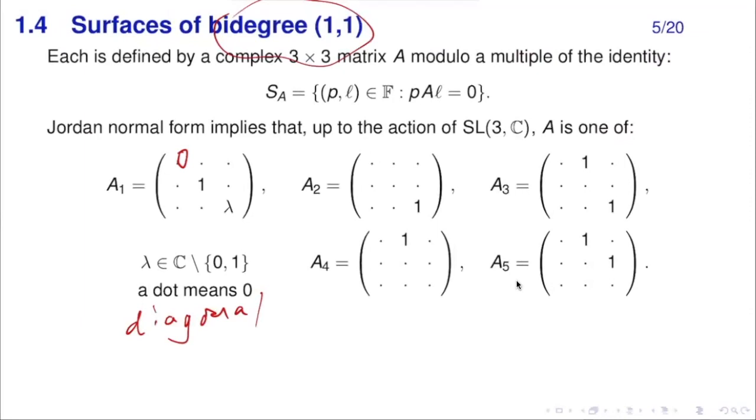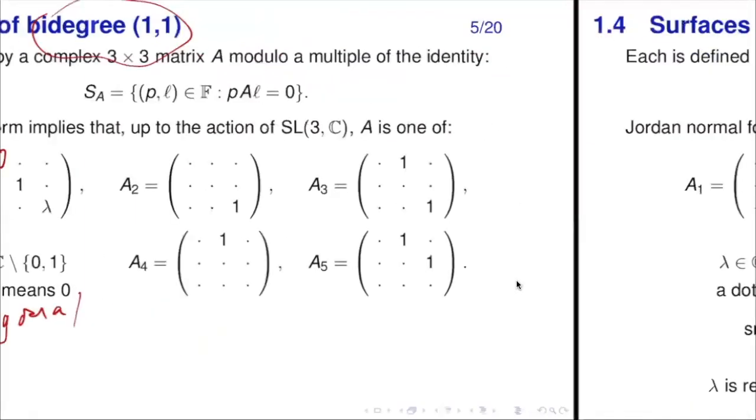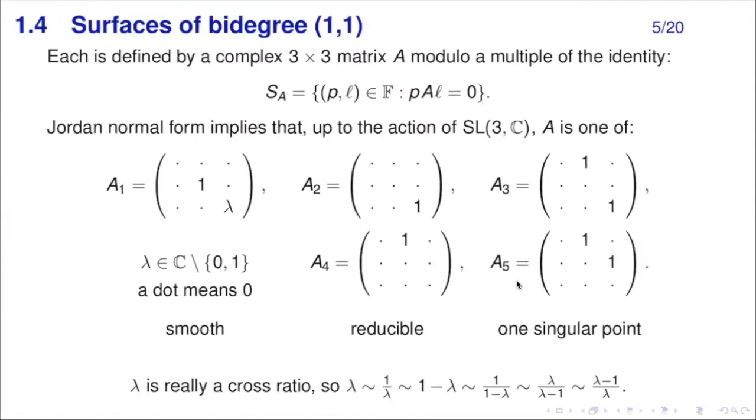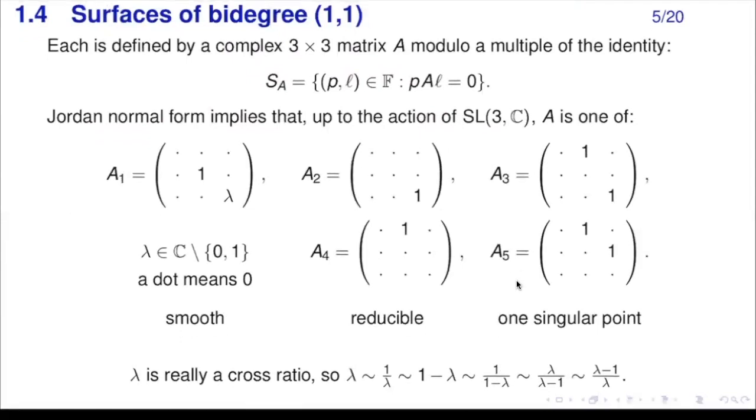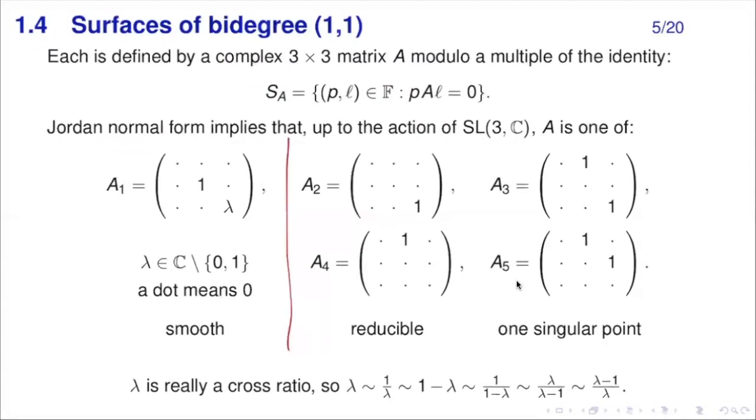And the other thing to say is that only in the first case, the diagonal case, are we talking about smooth surfaces. The second case is rather elementary, the surfaces are just reducible. The third case is A3 and A5, that's more complicated, but the surfaces have a singular point.